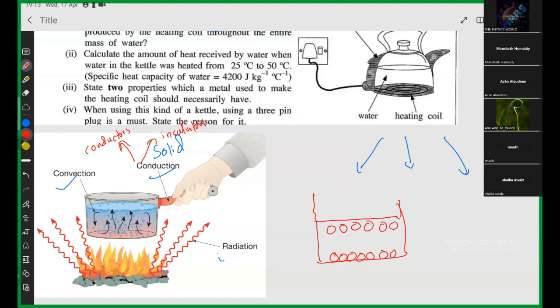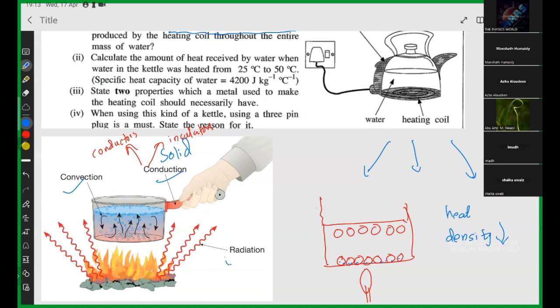When you provide heat, the particles at the bottom will get heated. And when you heat something, their density will decrease. As a result of that, they move up.